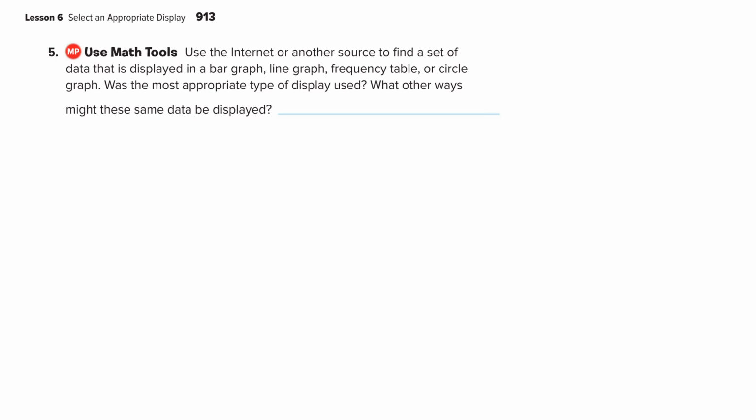Question 5. Use math tools. Use the internet or another source to find a set of data that is displayed in a bar graph, line graph, frequency table, or circle graph. Was the most appropriate type of display used? What other ways might these same data be displayed?